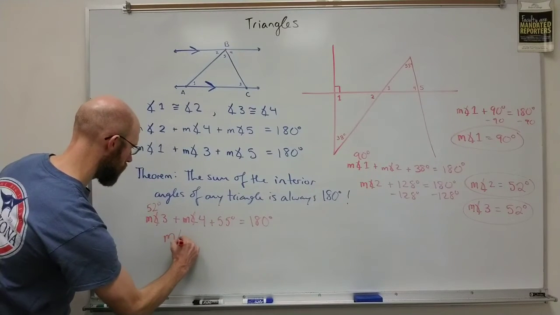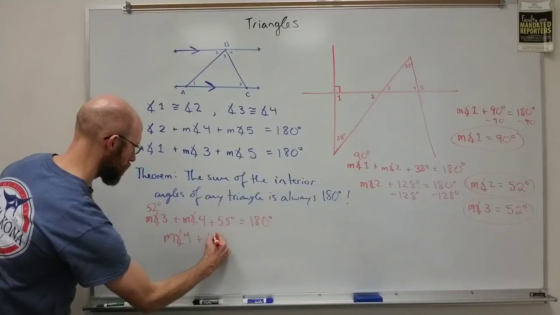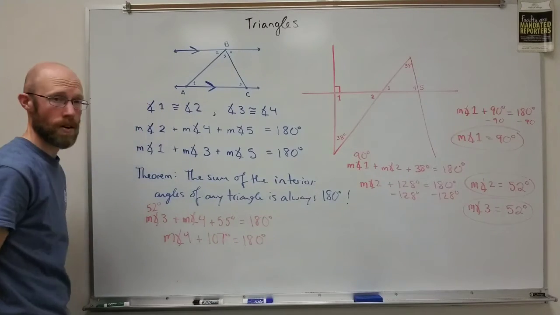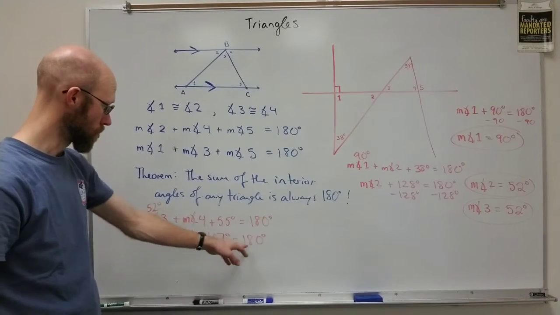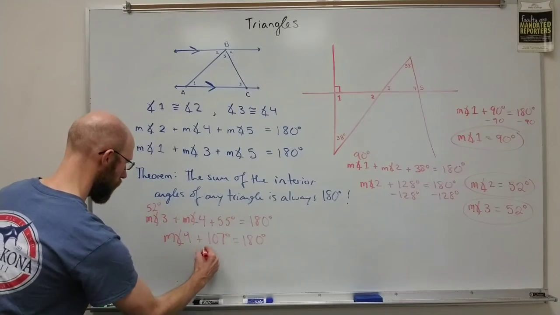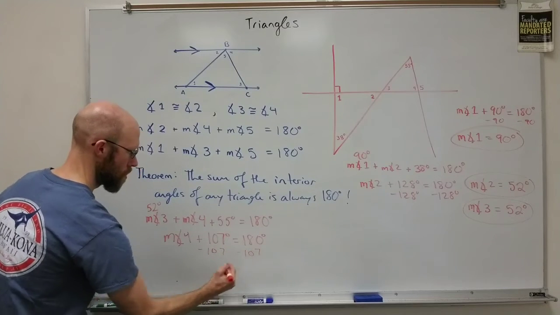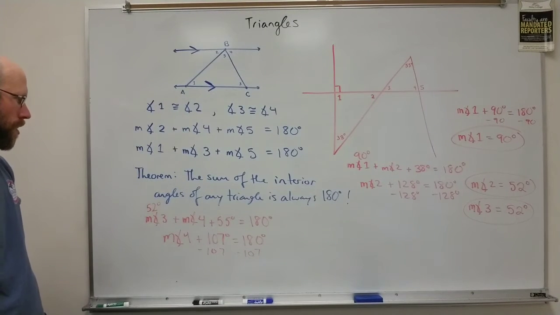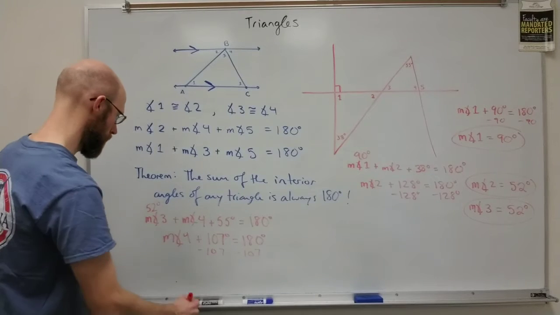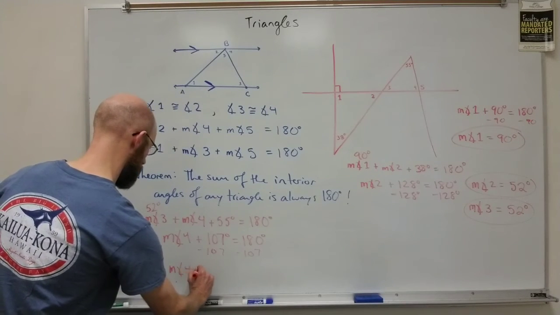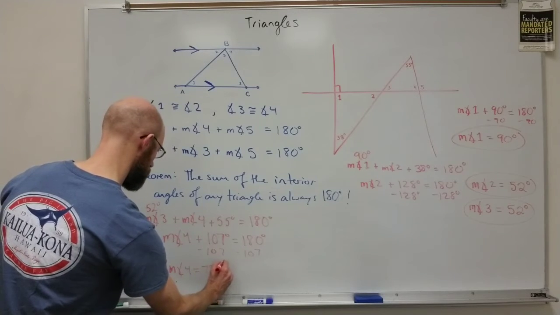So the measure of angle 4 plus 107 degrees is equal to 180 degrees. I do the subtraction to get measure of angle 4. And what's that going to be? 73 degrees, right? So the measure of angle 4 equals 73 degrees.